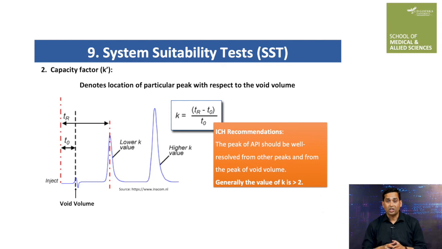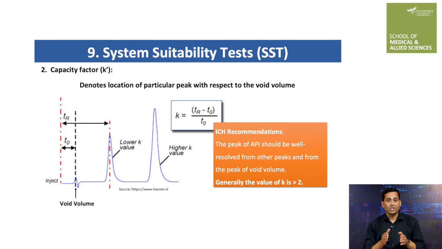Capacity factor or K prime is another system suitability test for HPLC which denotes the location of the analyte's peak with respect to the void volume. Here the first question is, what is void volume? Void volume in the simplest words is the volume of the mobile phase in the column. It can be referred to as the volume of an unretained peak, sometimes called unretained peak T0.